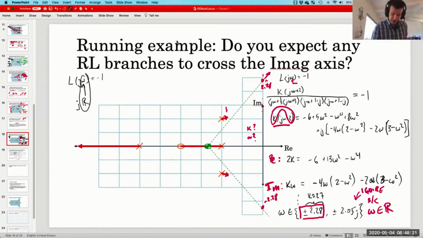And the question in chat is, that's the max k value in order for the system to be stable? That's exactly right. So what we've got here are called imaginary axis crossings. And what we've shown is that when k is equal to this number, then there are closed loop poles on the imaginary axis. And this is the cusp between stability and instability.